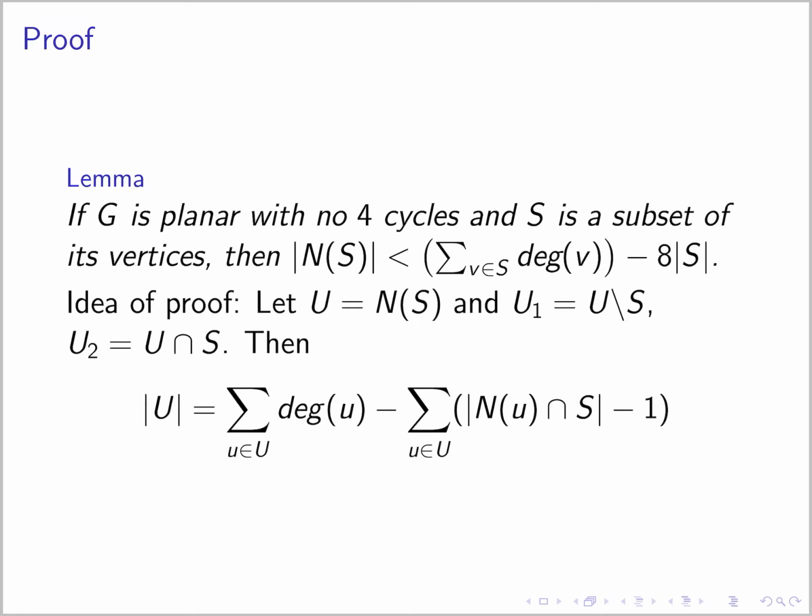Now we have to estimate the second sum, and this is done by the fact that the number of edges in a planar graph is less than 3 times the number of vertices in this graph. I'm not going to go through the details of the proof, but I should mention that it is done by constructing an auxiliary planar graph.